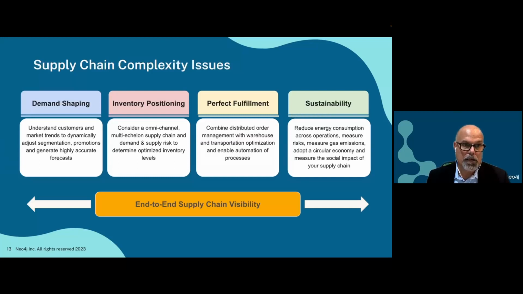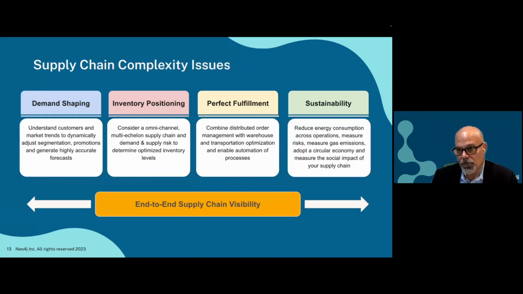So turning to supply chain, what are some of the issues associated with analytics in the world of supply chains? Some of the key areas where organizations have challenges are in doing things like demand shaping, inventory positioning, being able to provide high quality fulfillment predictably, and then also in the area of sustainability.